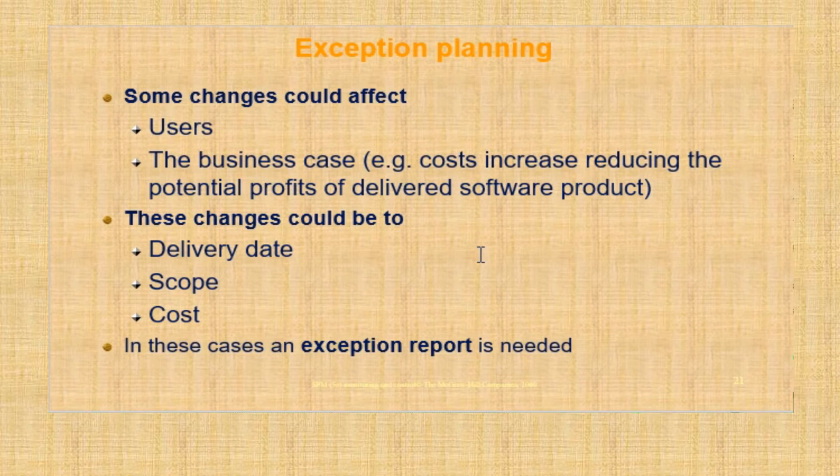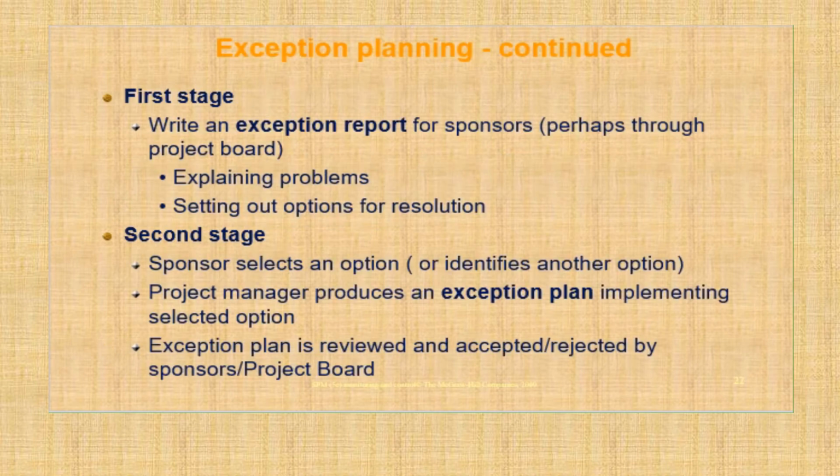Cost is another thing that may change, depending upon how much the business case is changed, increased, or reduced. In all these cases we need to design the exception report, and these exceptions are going to be handled if some changes are there in my project. The exception plan also has different stages.